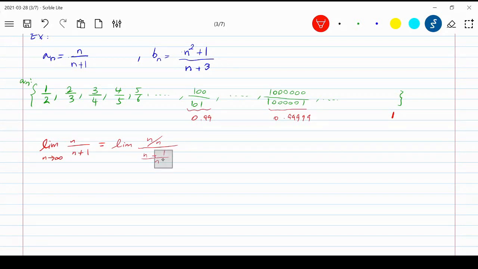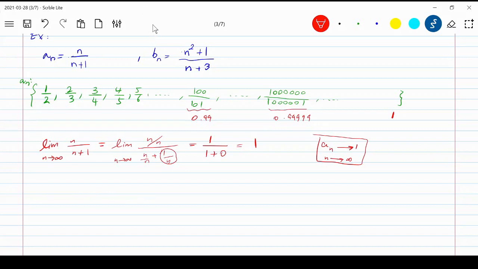Then you can simplify it, dividing each one by n as n approaches infinity. The numerator is 1, and the denominator would be 1 plus the limit of 1 over n as n approaches infinity, which is 0, so you'll get simply 1. This is how you show that the limit is approaching 1. So the sequence a_n approaches 1 as n approaches infinity, and this sequence is convergent to a certain value. That value is 1.